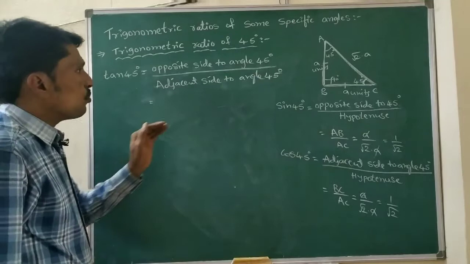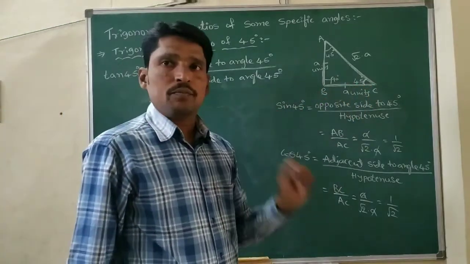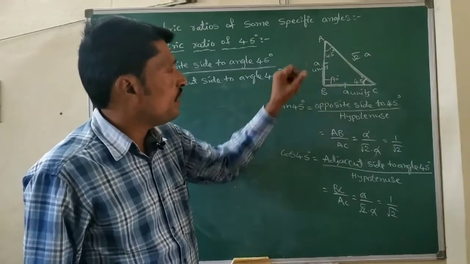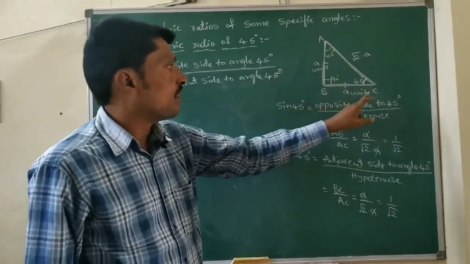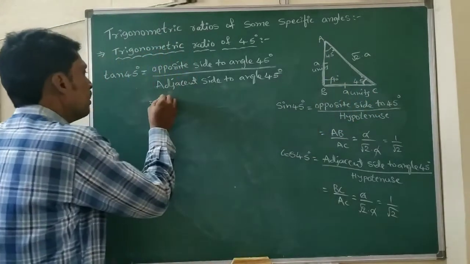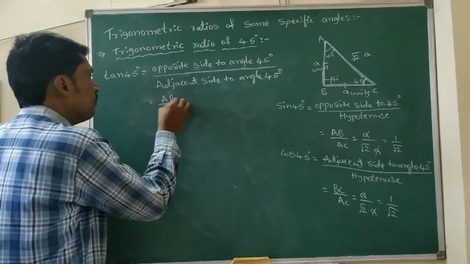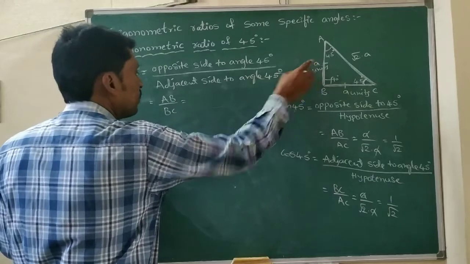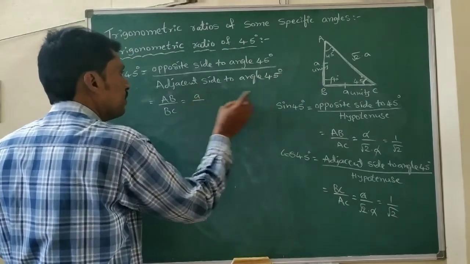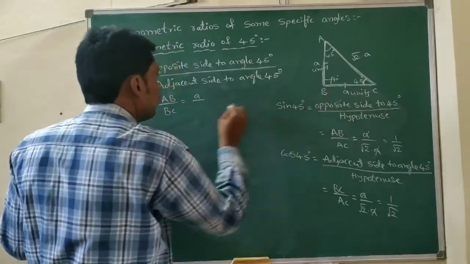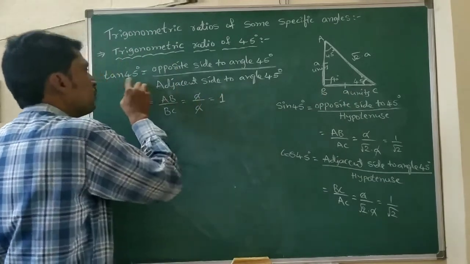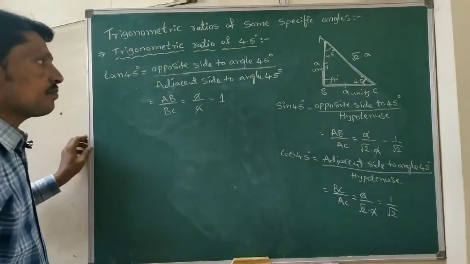With respect to C, AB is the opposite and the adjacent side is BC, so AB by BC. What is the length of AB? A, by BC, length of BC is also A. A gets cancelled, that is 1. So tan 45 equals 1.